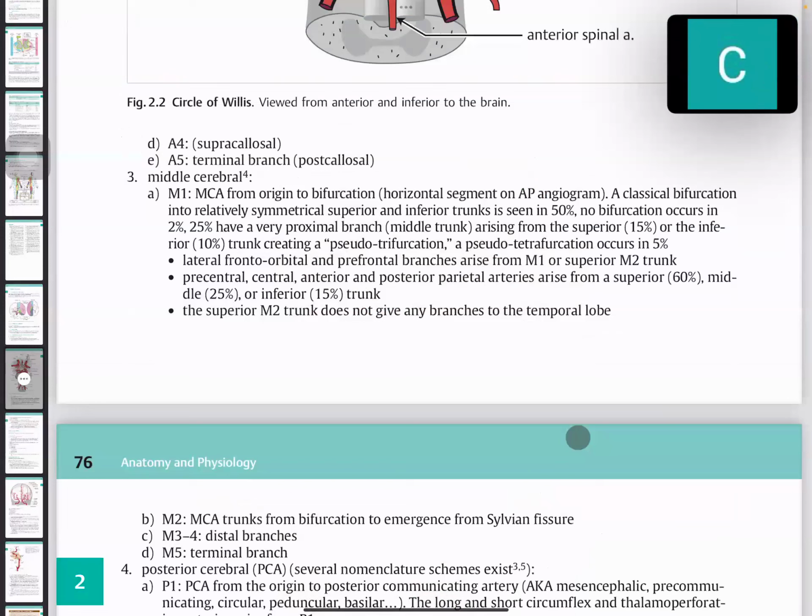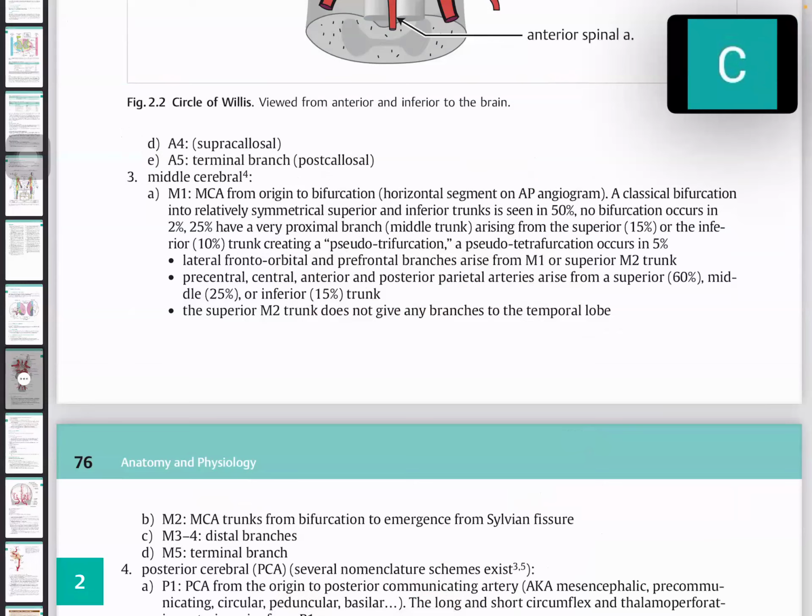So what's important to say about the anterior cerebral artery is that it's a common site of aneurysm, particularly the anterior communicating artery.